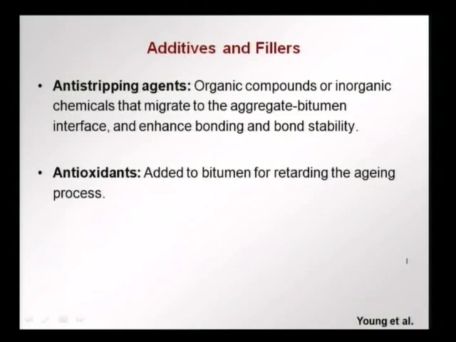Antioxidants are chemicals which prevent aging from occurring very fast. We looked at the different processes that lead to aging. Antioxidants retard the aging process, delay the aging process, so that the asphalt concrete remains more durable for a longer time, we can use it for a longer time.